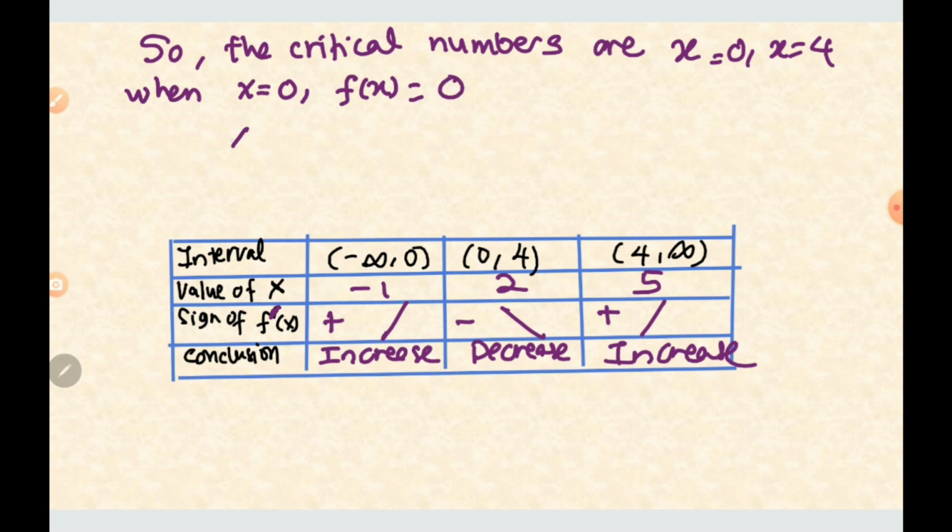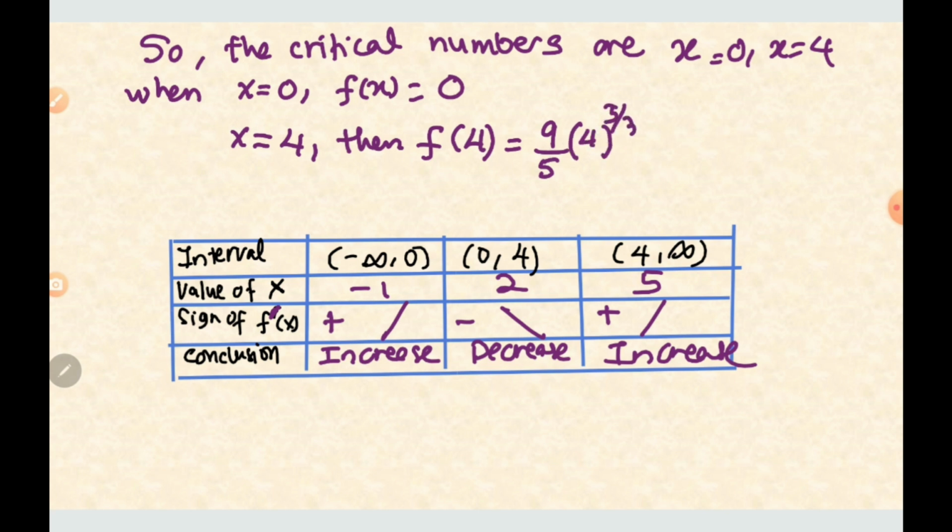Okay, so when x equals 4, then what is f x or f 4? f 4 is equal to 9 over 5 multiplied with 4 to the power of 5 over 3 minus 18 times 4 to the power of 2 over 3, and we get the answer equal to negative 11.3.